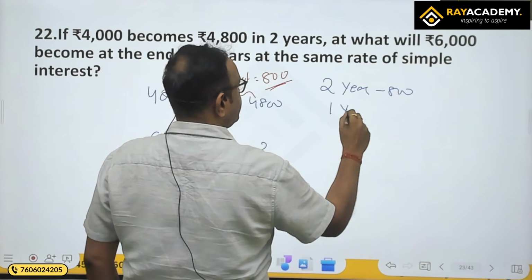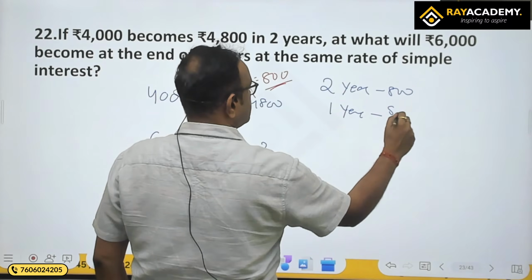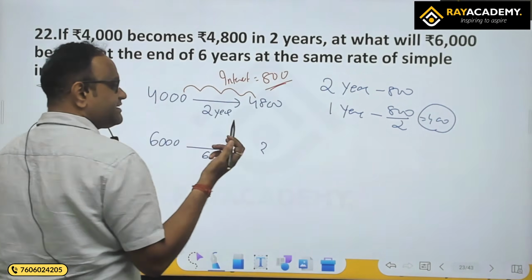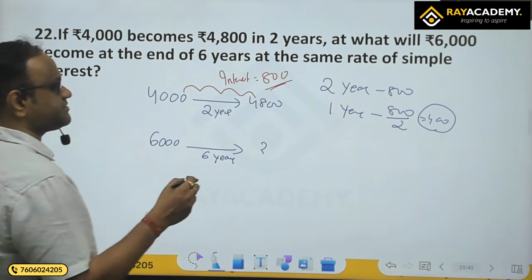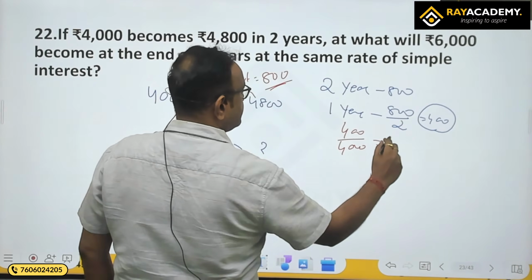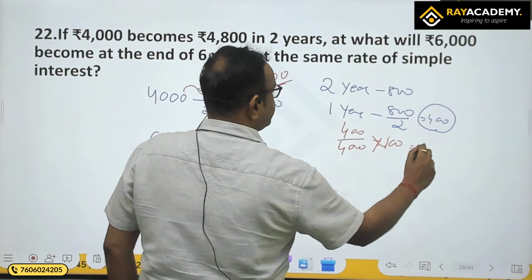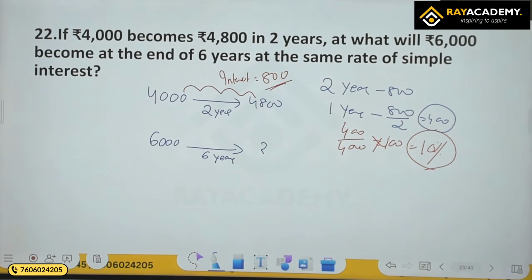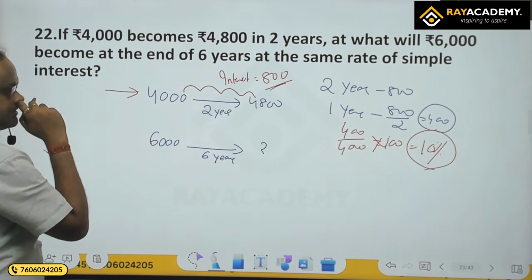So the interest for 1 year is 800 by 2, that is 400. Now 1 year's interest of 400 is what percentage of 4000? So 400 by 4000 into 100, that is 10%. So logically also you can find that the simple interest rate is 10%.